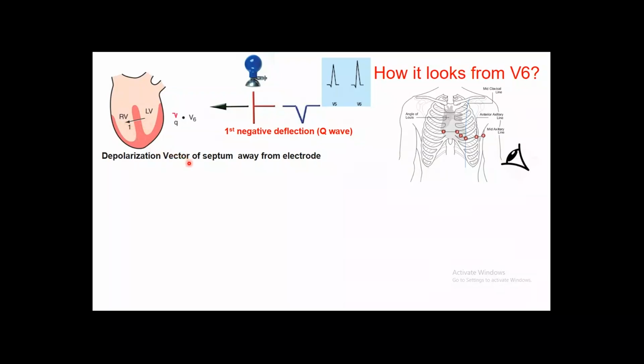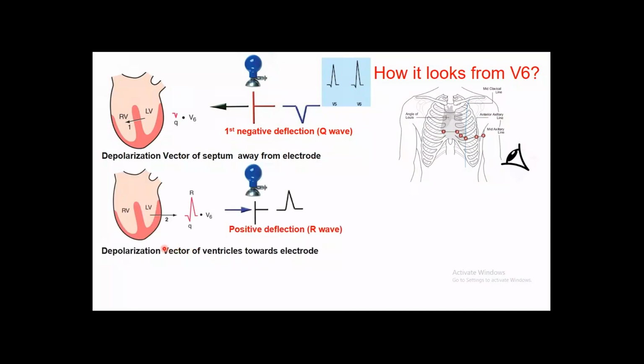So the depolarization vector of septal depolarization is directed away from the V6 electrode. Electric current moving away from the recording electrode causes a negative deflection wave on surface ECG. The first negative deflection wave on ECG is called the Q wave.